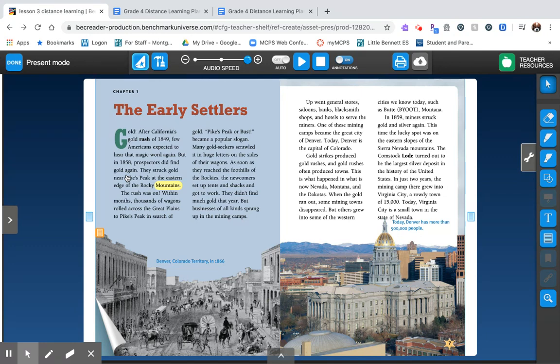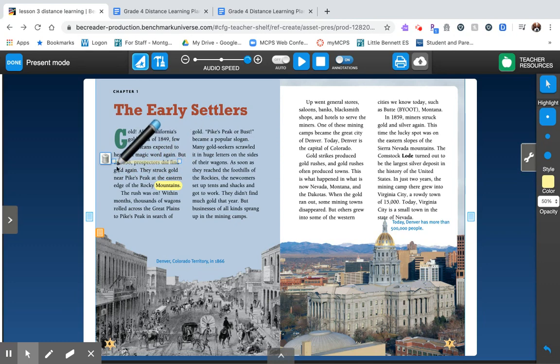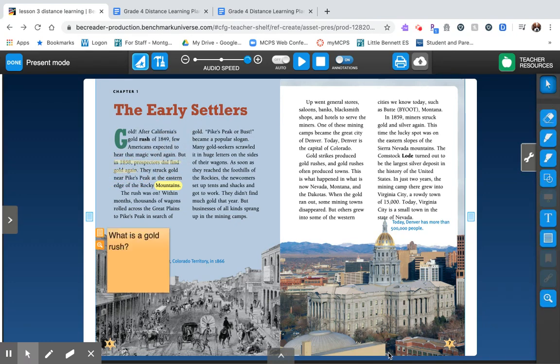I am going to highlight this sentence. The word prospectors is hard for me, but I can infer that prospectors are people that are searching for gold.